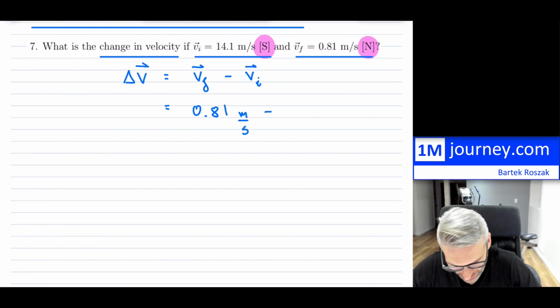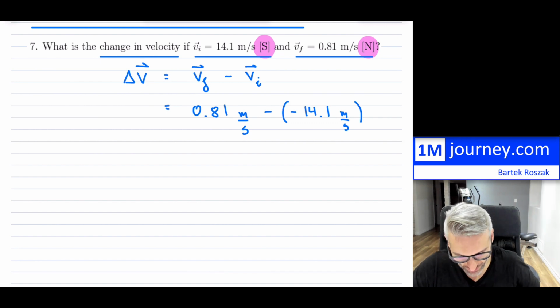Now this is going to be minus. Because the other one is in south and it's 14.1 south, I would have to negate it if I wanted to make it north. So that would be negative 14.1 meters per second north. So now everything is north.